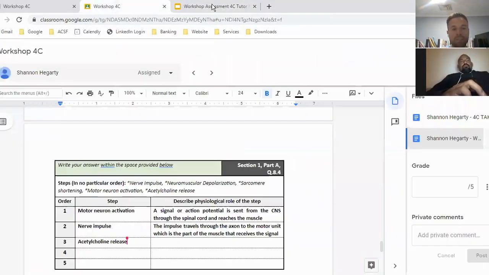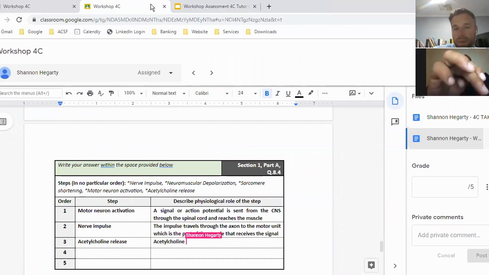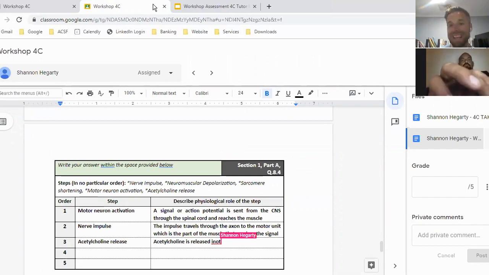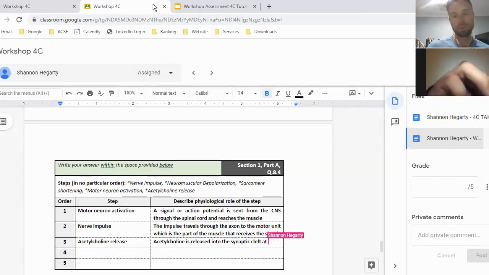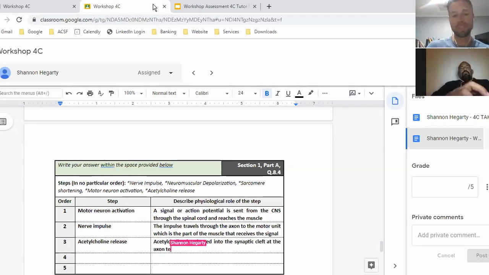Then you would write acetylcholine is released into, sorry, I know this is a bad question, into what we call the synaptic cleft, at the axon terminal, which is the end of the axon that receives that neurotransmitter. So this is the actual impulse here.